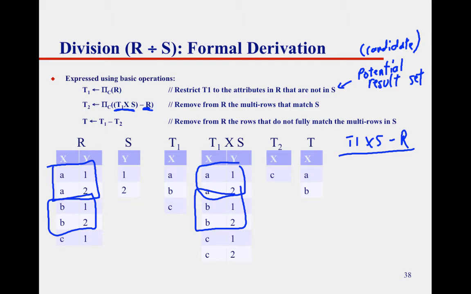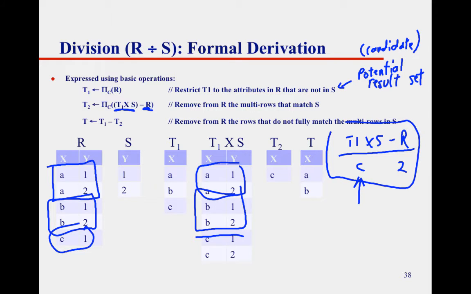But when we subtract this one, we only end up removing this row from T1 cross S. So the result is that this row is left when we've removed all of R from T1 cross S.